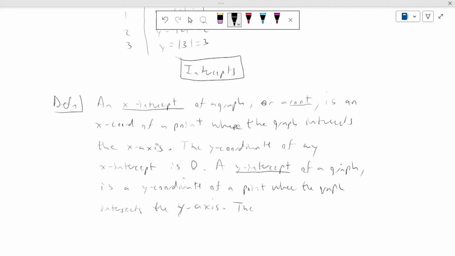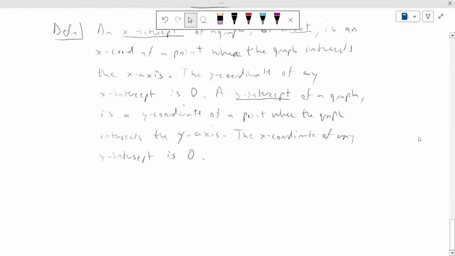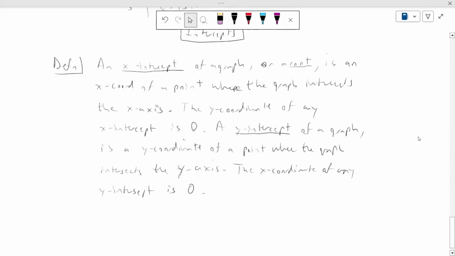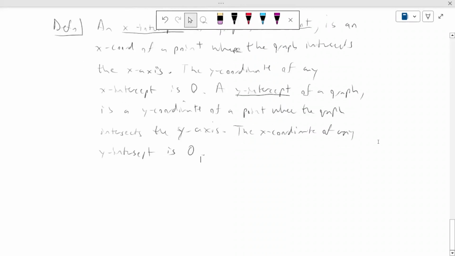So the x-coordinate of any y-intercept is 0. It turned out to be pretty important in actually finding x-intercepts and y-intercepts. It sort of gives you a strategy for how you might go about trying to find an x-intercept or a y-intercept.